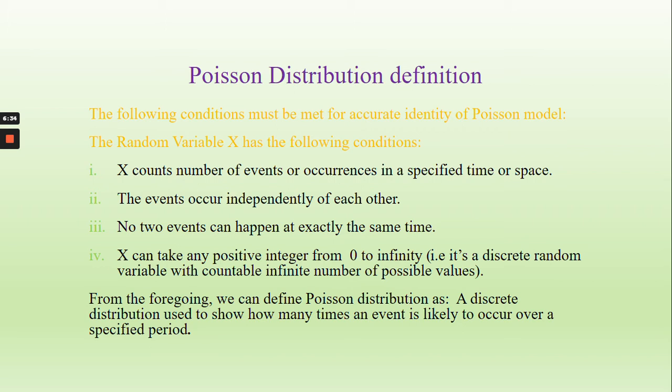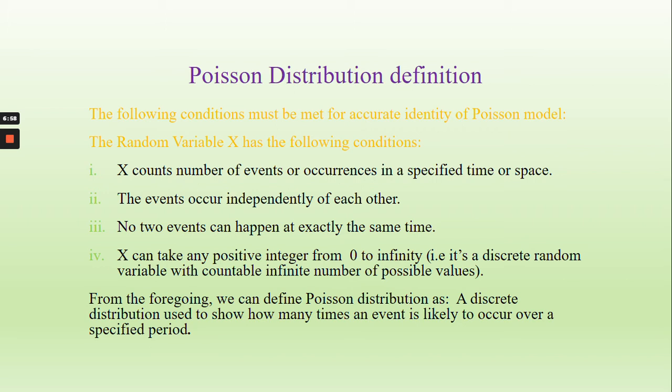Number two, the events must occur independently of each other, which means no two events can happen at exactly the same time. So you cannot consider more than two events at a time. You consider one event at a time in that specified space.